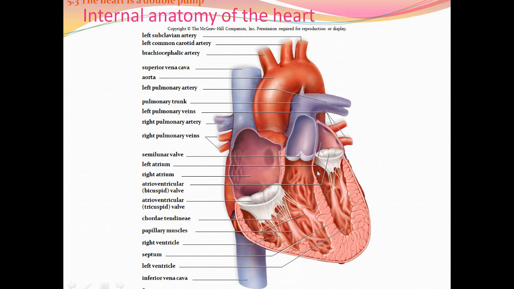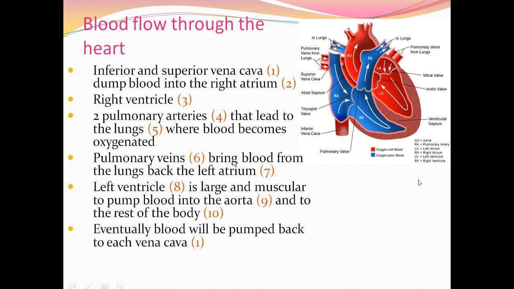There's also a semilunar valve going up this way, but you can't see it in this picture. This is the aorta, pulmonary trunk, superior vena cava, inferior vena cava, and pulmonary veins. There's lots on this slide. It seems kind of busy.